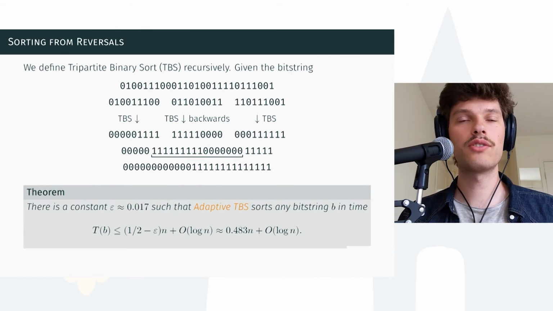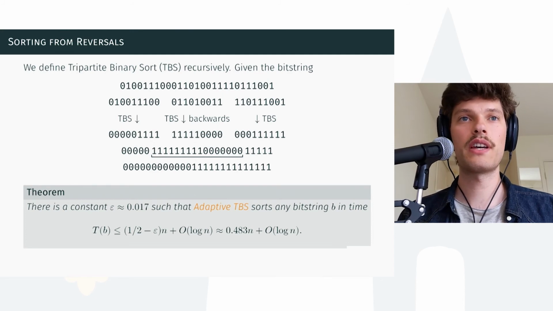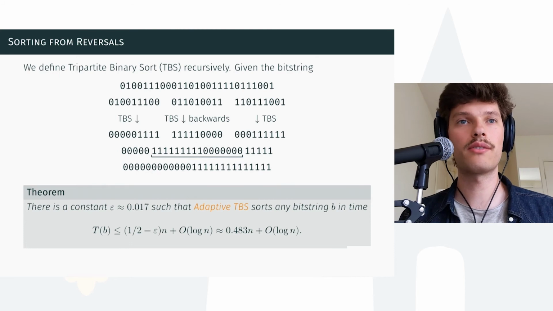So this actually shows that we can do slightly better than n over 2 time to sort, and this will allow us to show that we have a fast routing algorithm.